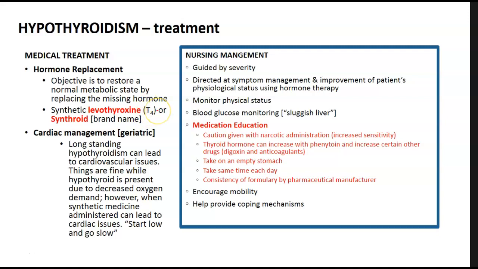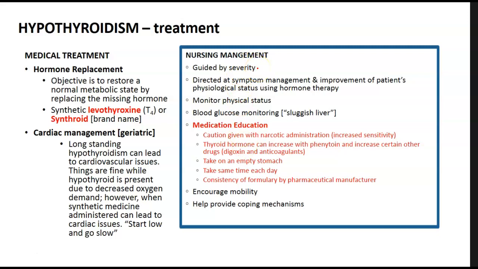The process basically is that from the anterior pituitary, TSH will stimulate the thyroid to create T3, which goes through the process to create T4. Want to watch cardiac status, especially in your geriatric patients, especially those with long-standing disease, which can lead to some cardiovascular problems. So anytime you start medications with them, you want to start low and go slow.